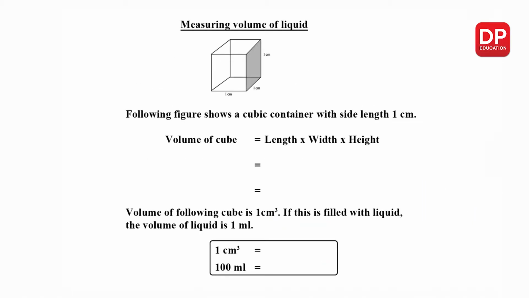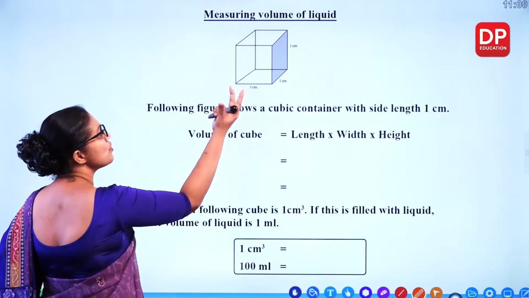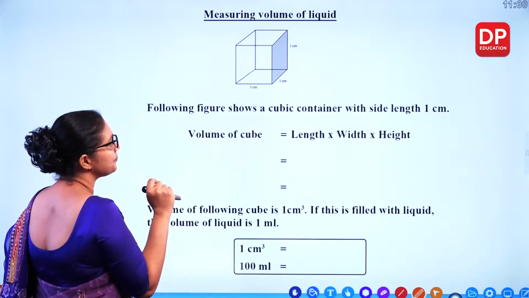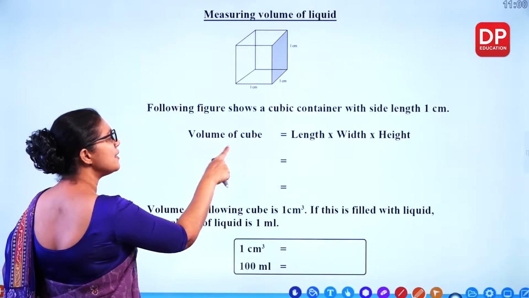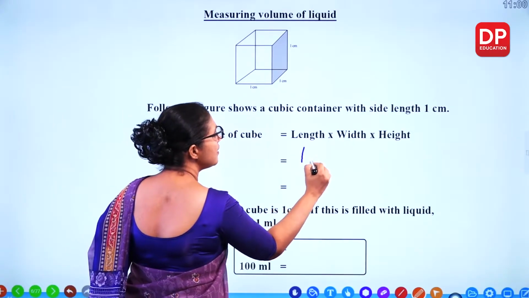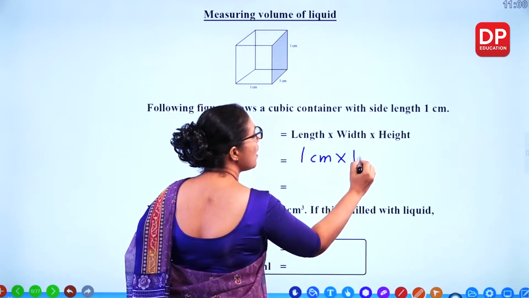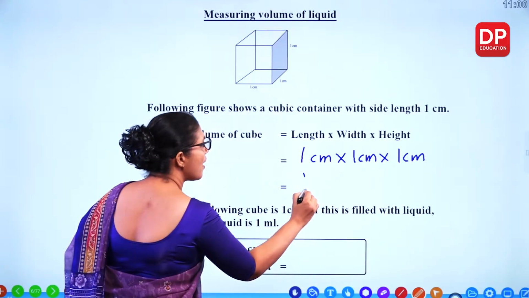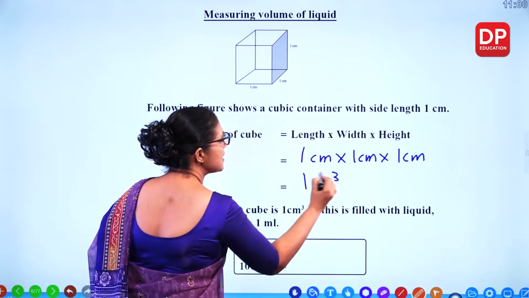Measuring volume of liquid. I told you, when you take a cube with 1 centimeter length, what's the volume here? Length is 1 centimeter, width is 1 and height is 1. So you get 1 cubic centimeter.